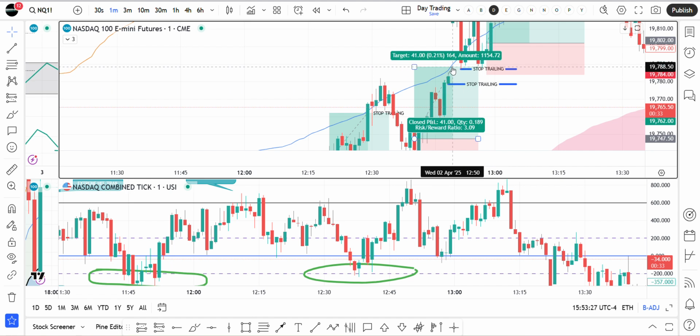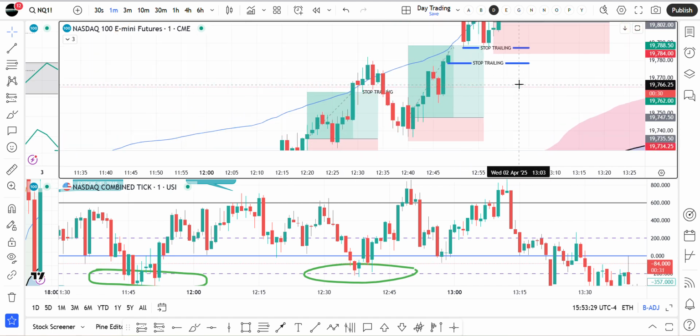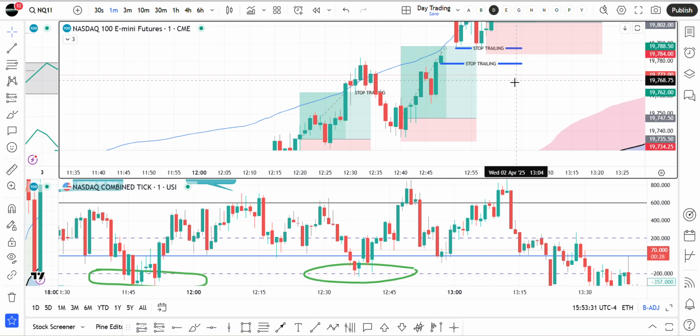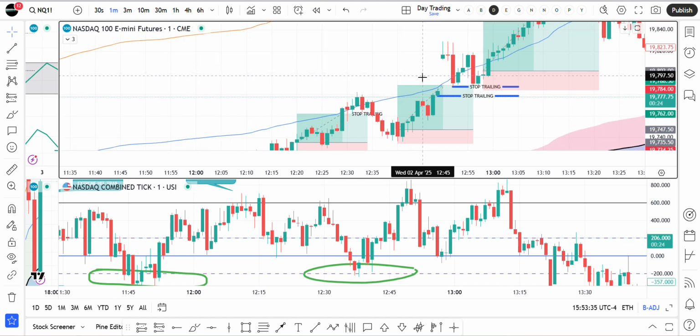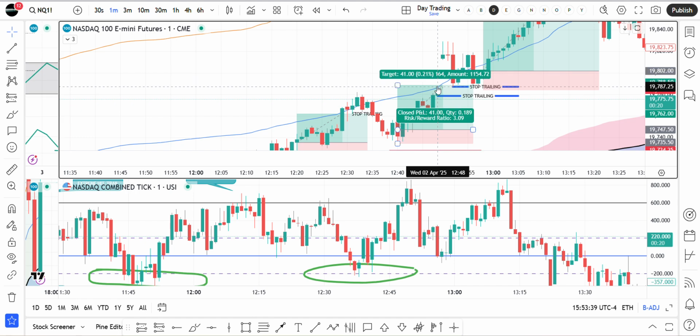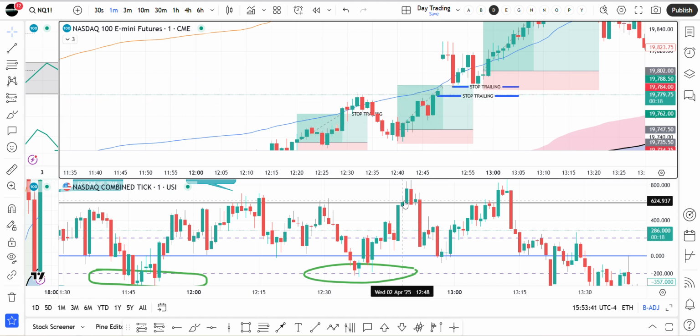I don't know where that one went. Oh, gap up. 1249, 1250.